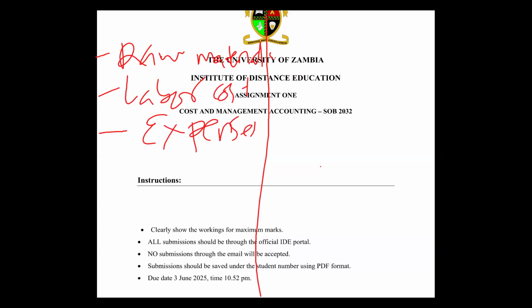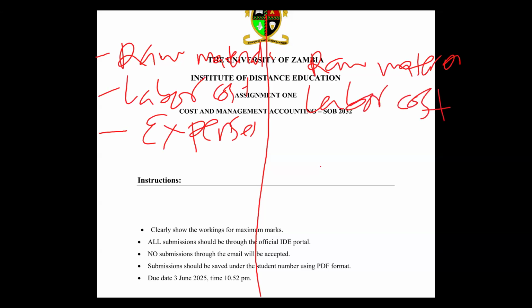Now, listen carefully. On the other side, I want to write again raw materials, again labor costs, and then don't be lost. I want you to get the sense of what I'm talking about. I'm giving an introduction to the costs and the expenses here.